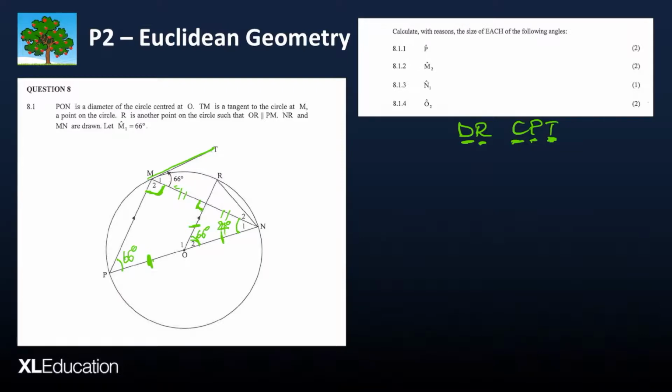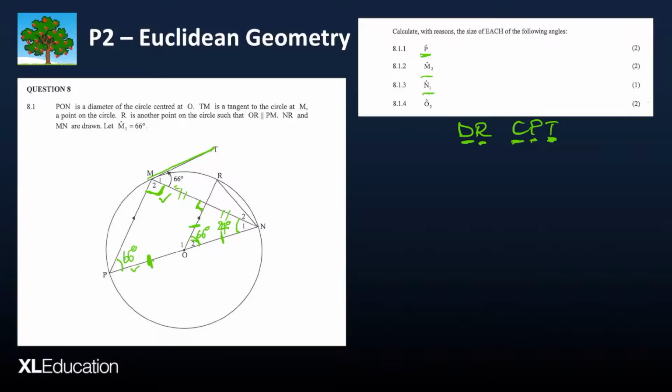After that, you can now look at the questions and extract the right answer and put the relevant reason. For example, on 8.1.1, angle P is 66 degrees. On 8.1.2, angle M2 is 90 degrees. We have already found that one. You need to write it down and write the right reason.